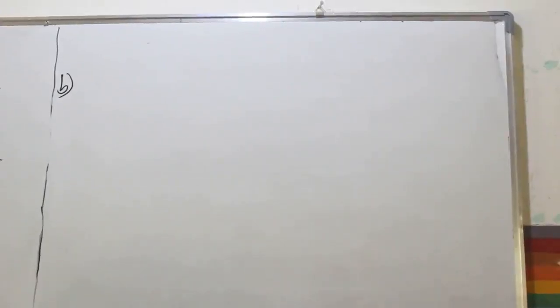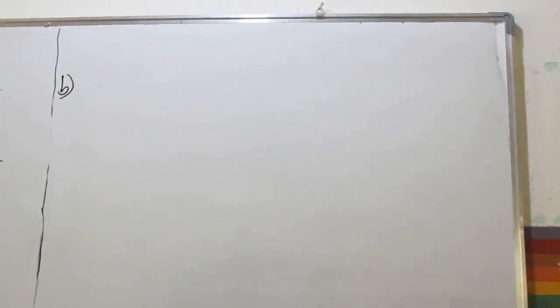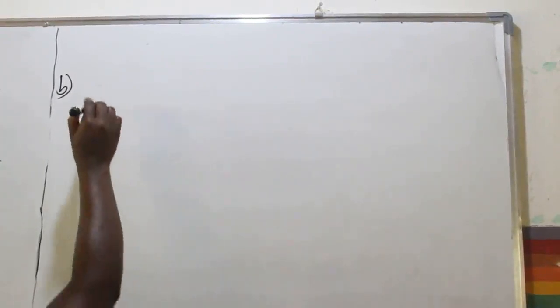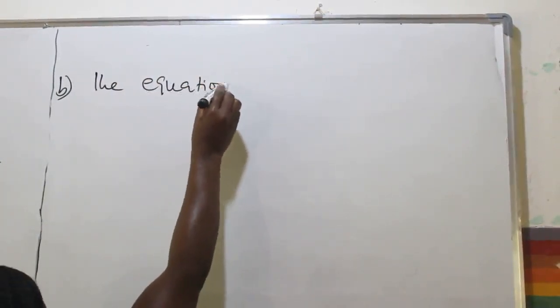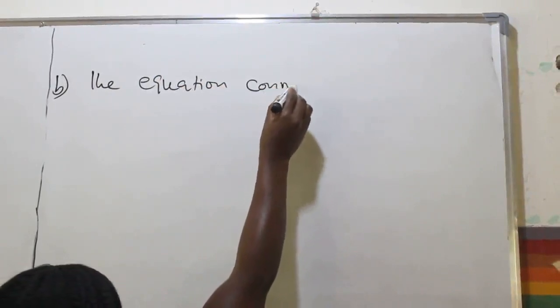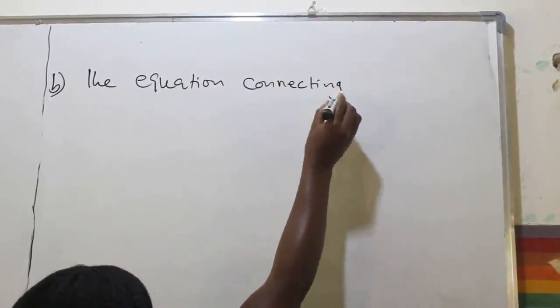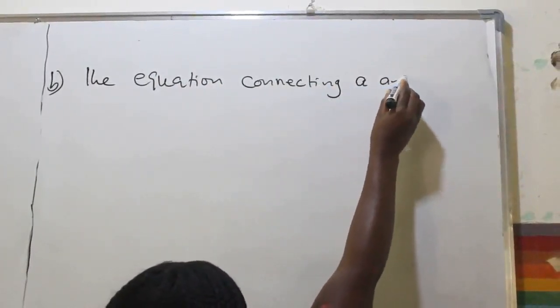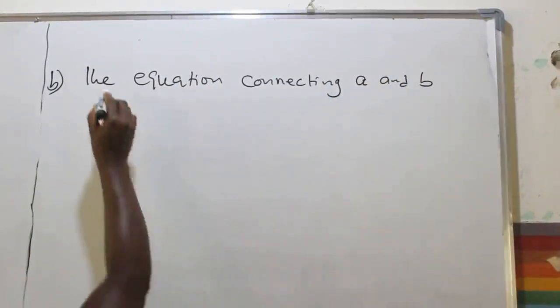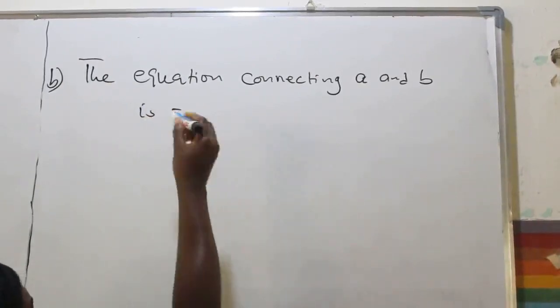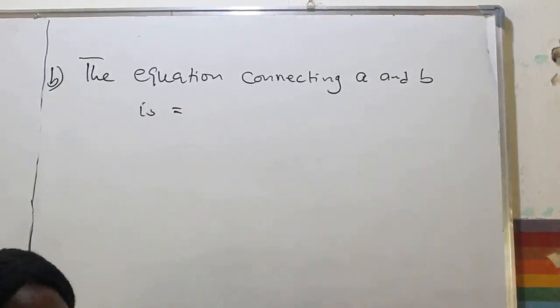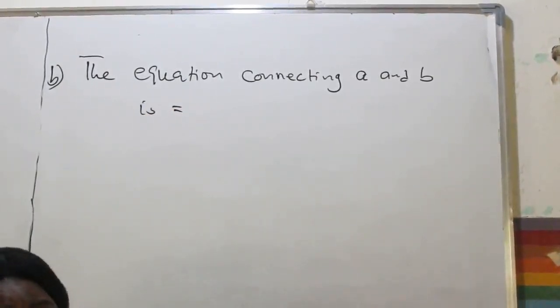Let's look at B. B says the equation connecting A and B. So the equation connecting A and B is, from what we have, our constant, or you can use the 9 over 2.